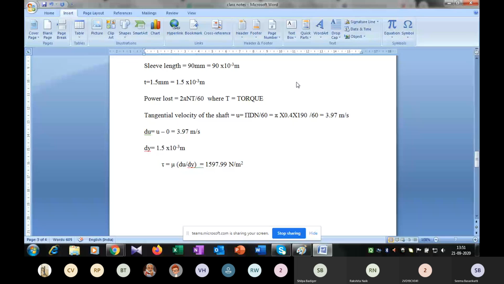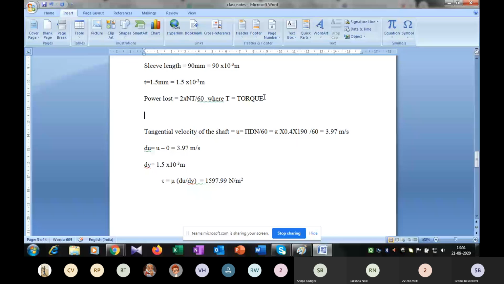For torque, the equation is force into capital D divided by 2, that is half the diameter. So these are the general equations. No derivations for this.